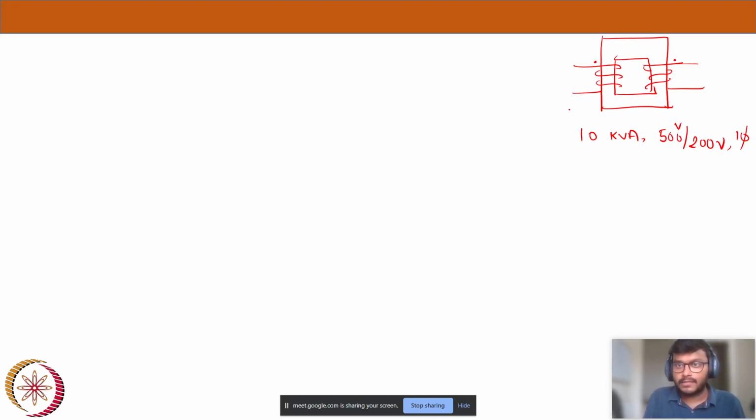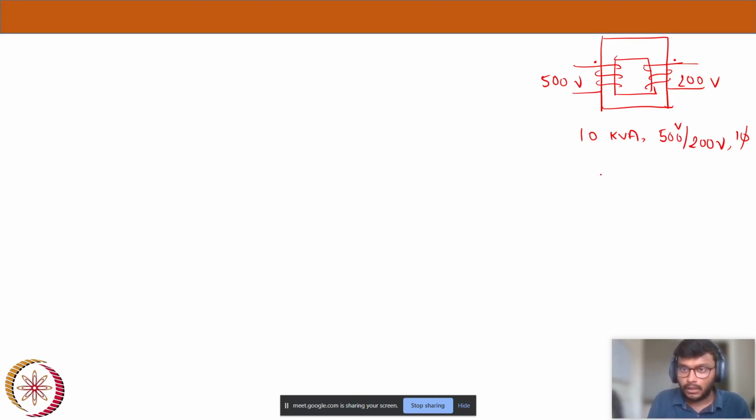So this winding is 500 volts, that is the HV winding, and this particular secondary winding is, let's say, the LV winding.